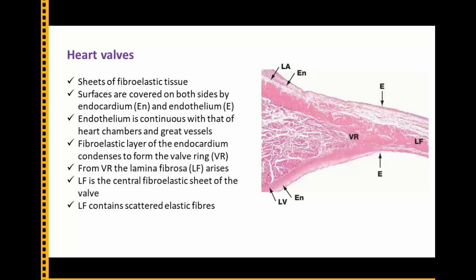From the fibroelastic layer of the endocardium, it comes like this and unites, then forms the valve ring. Then this valve ring forms the lamina fibrosa of the leaflet. Then that lamina fibrosa part is covered on both sides by the endocardium. That is the structure of the heart valve.